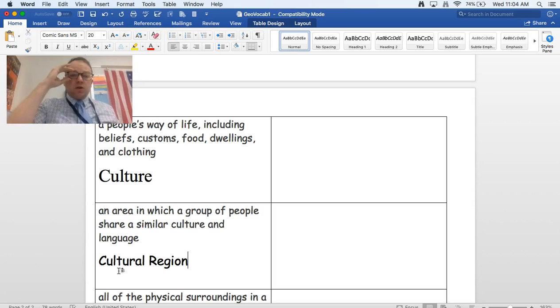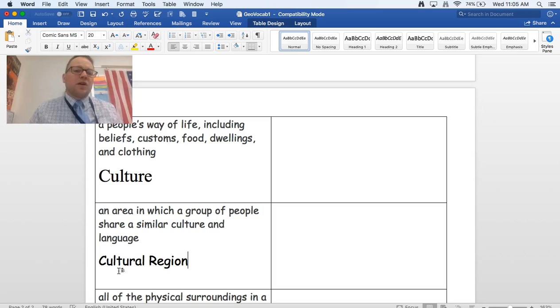Now, cultural region is going to be a little bit harder because we don't really have them today. I mean, you could say there's no real Eastern Woodland cultural region today because America is pretty much the same. You could talk about the American cultural region. What are parts of our culture that aren't like other areas?